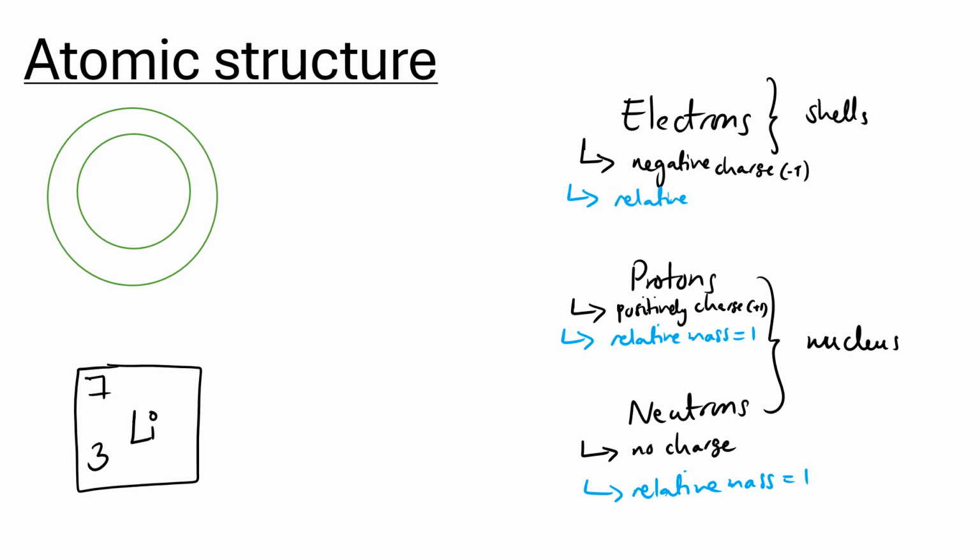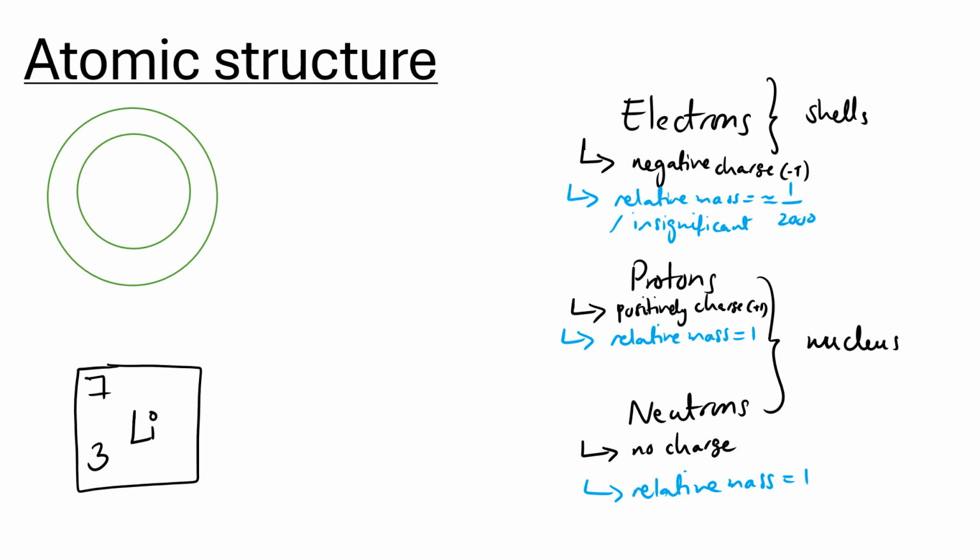You can have an approximate fraction, seen this in mark schemes, 1/2000, but you can just say insignificant, it's very small. So yeah, brilliant. Now let's fill in this atom structure with the electrons, protons and neutrons.